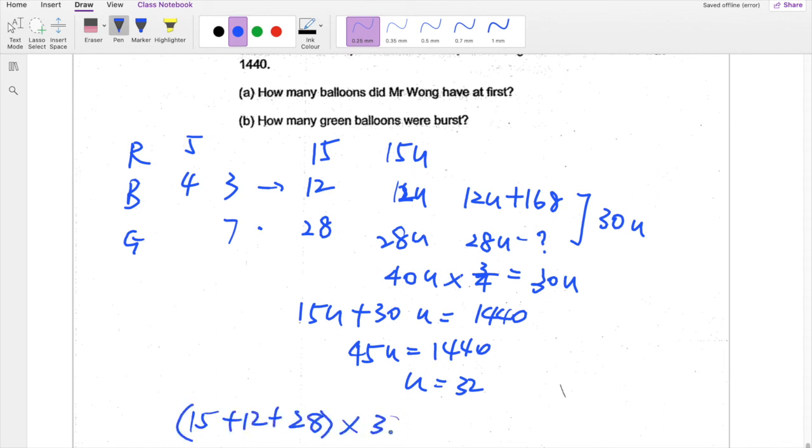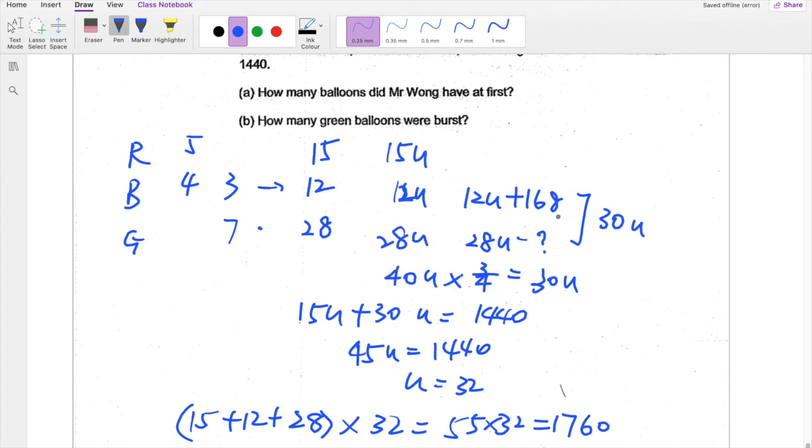Times U is 32. So this one is 27 plus 28, which is 55 times 32, gives 1760, right?